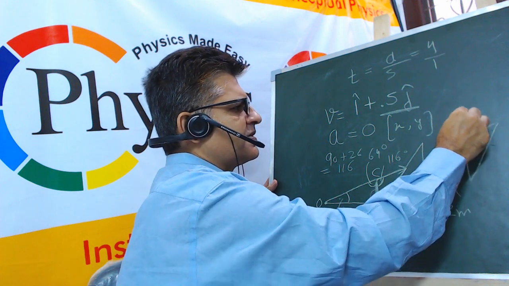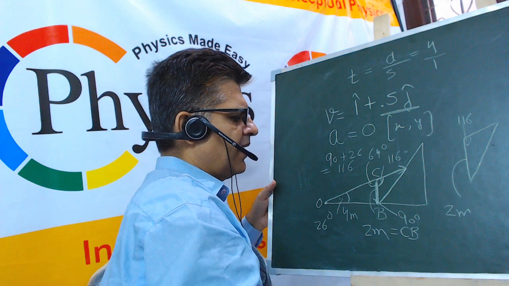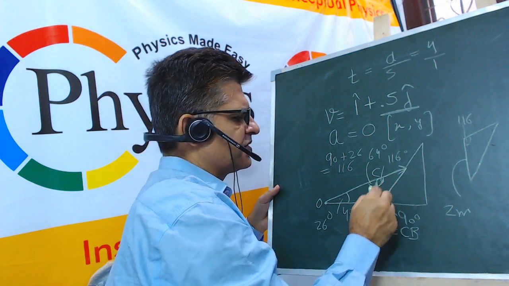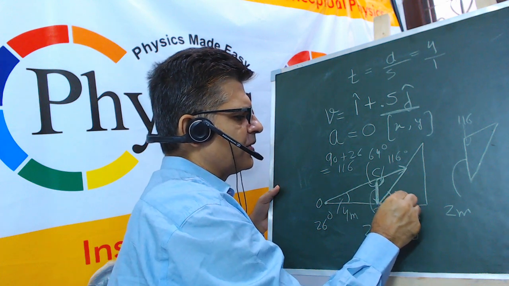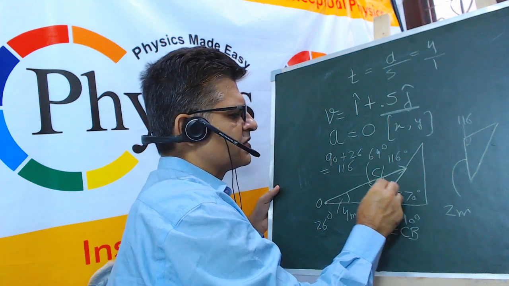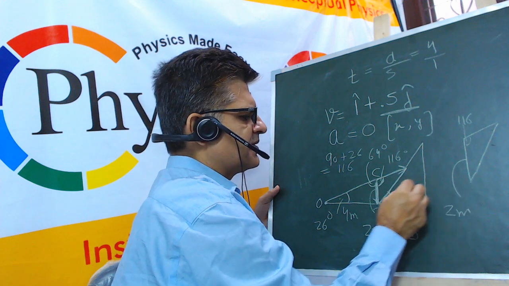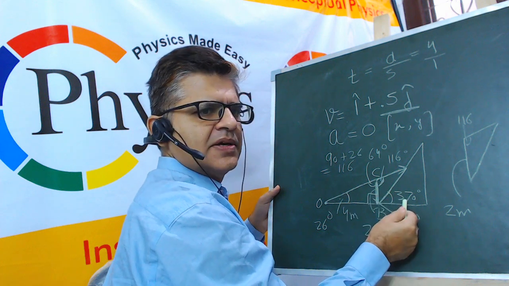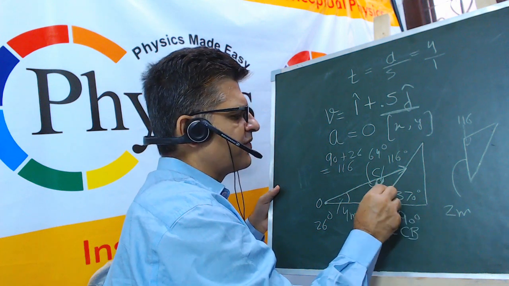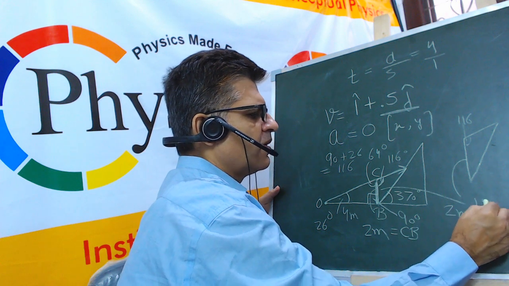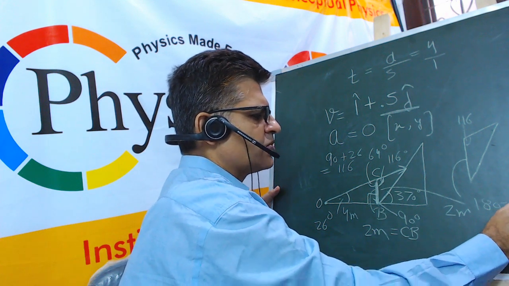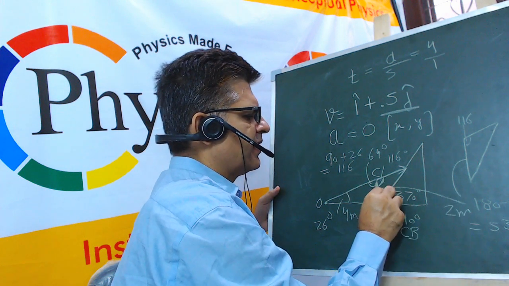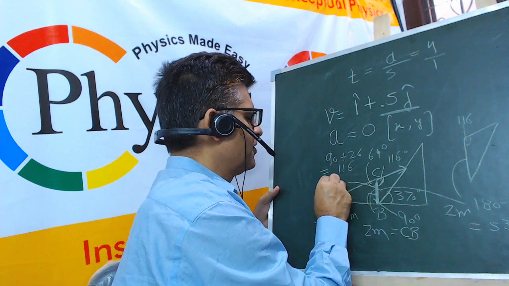This is 116 degrees. And this angle is given to be 37 degrees. If this is 116 and this angle is 37, this angle is 90 degrees. So 90 plus 37 degrees will give you 127. So you can also find this angle to be 180 minus 127 is equal to 53 degrees.